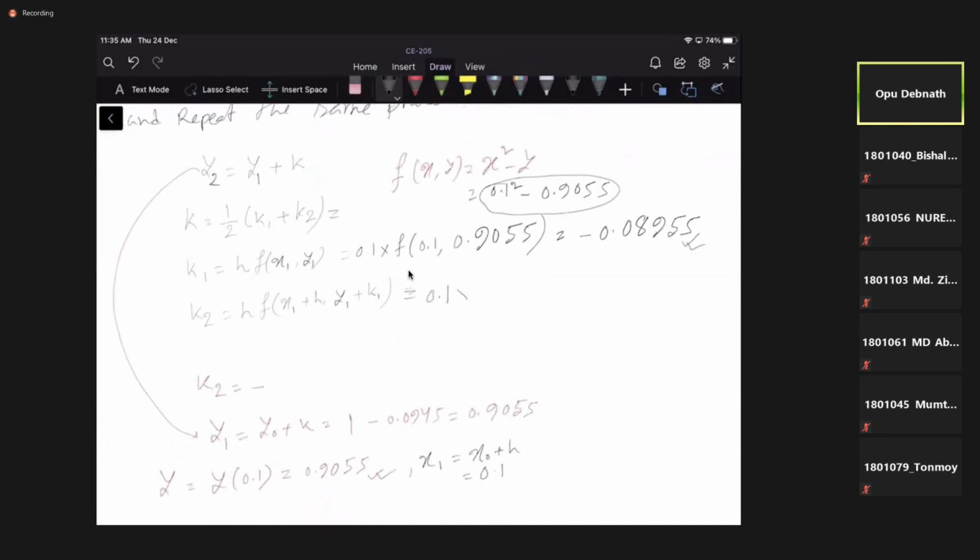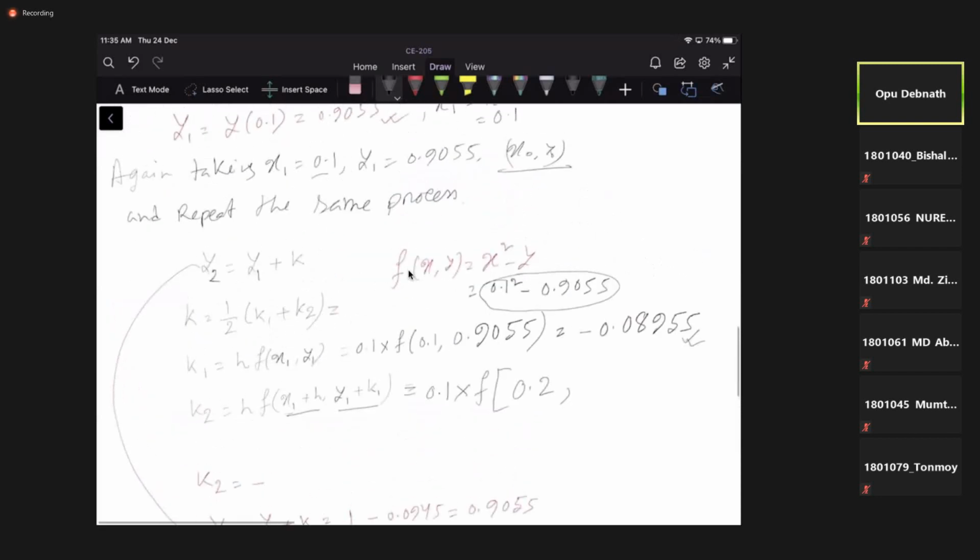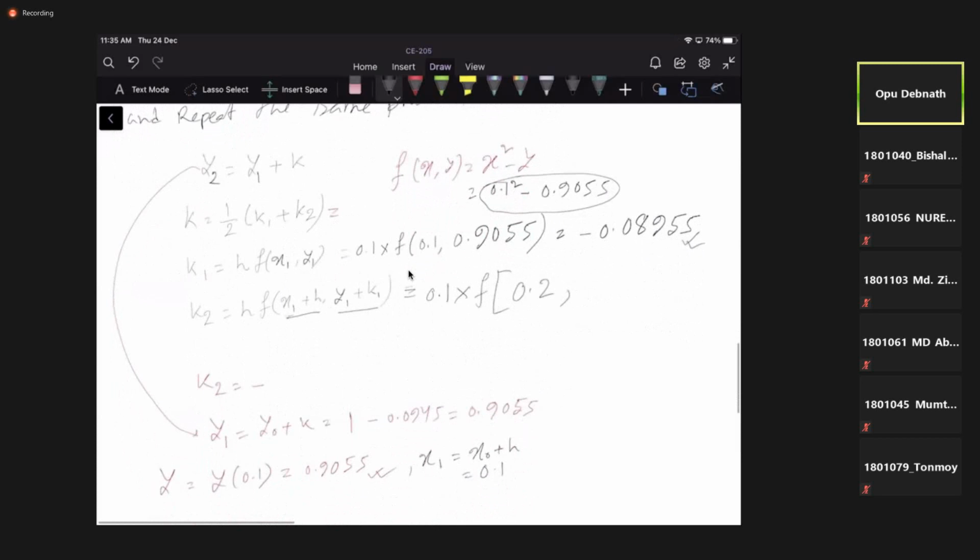So at this case x1 plus h is 0.1 plus 0.1, that is 0.2, and y1 plus k1, where y1 is 0.9055 and k1 is minus 0.08955. So I can simply put here 0.81595.